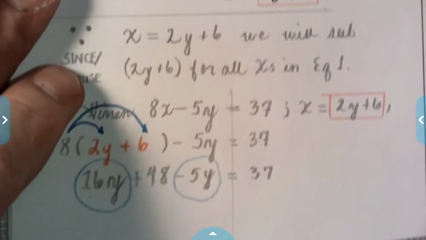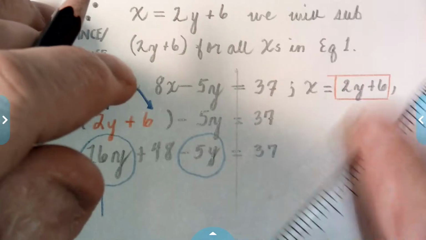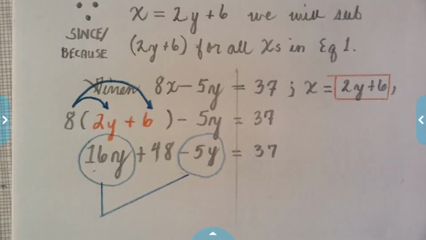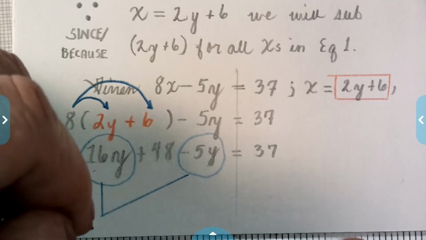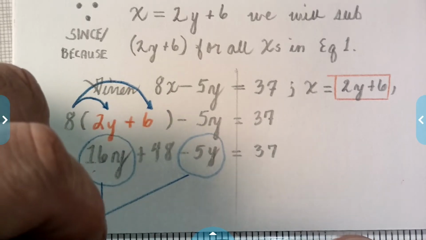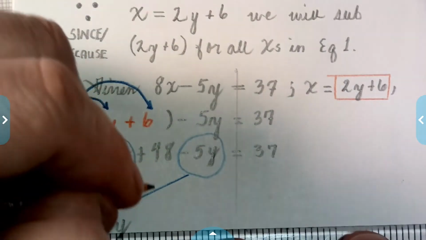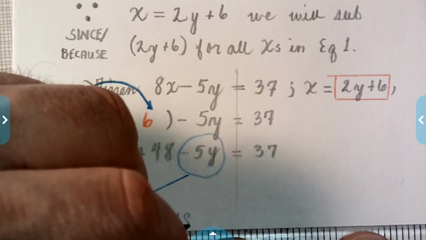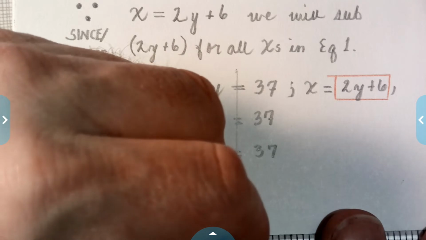When I put them together, add them up, 16 minus 5 is 11, so I get positive 11y plus 48 equals 37.